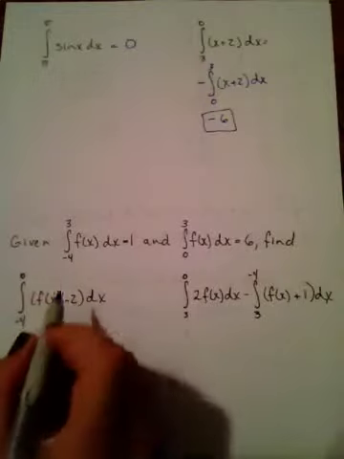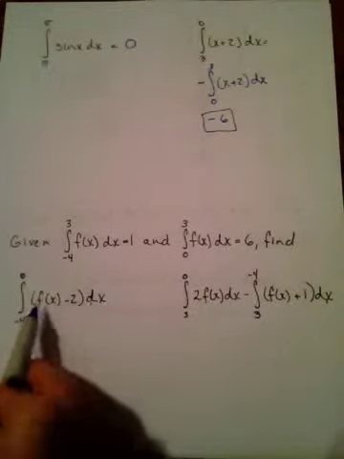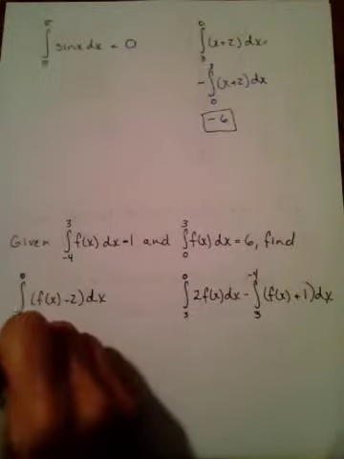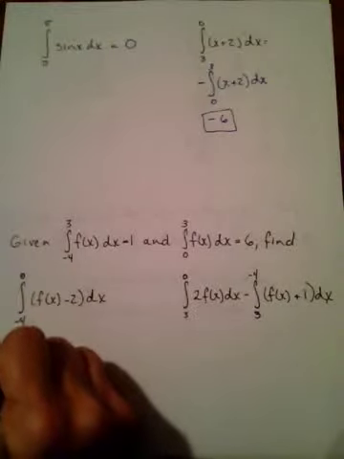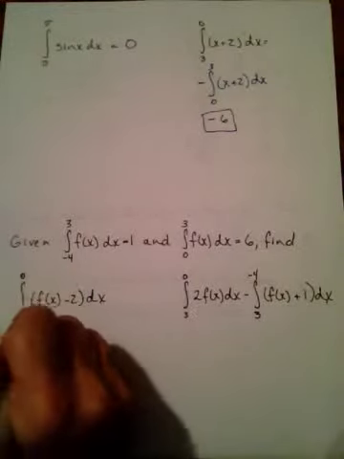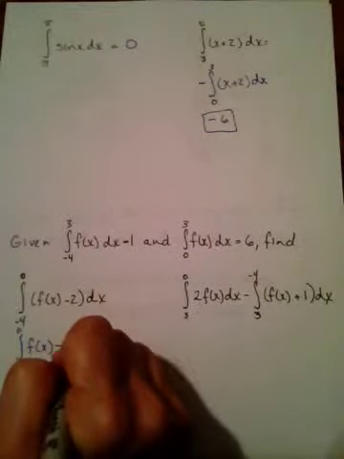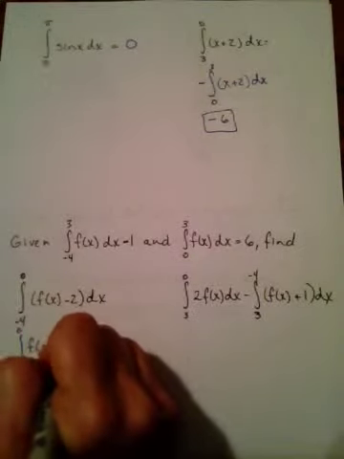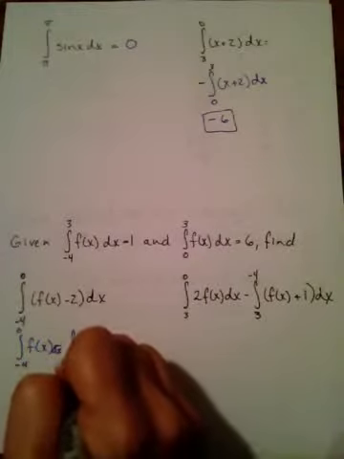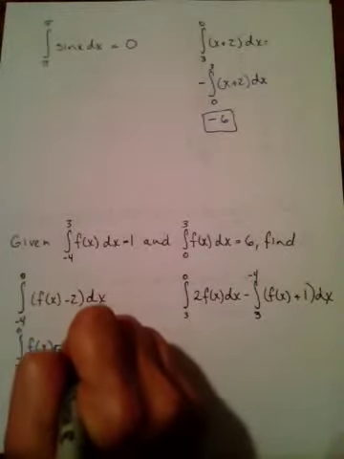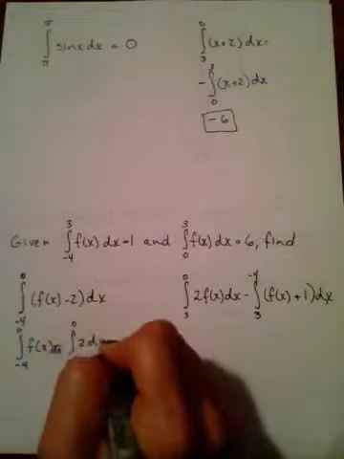The way I like to do it is break this up, and you're going to integrate term by term. So this is the integral from -4 to 0 of f of x dx right here, shame on me, minus the integral from -4 to 0 of 2 dx.